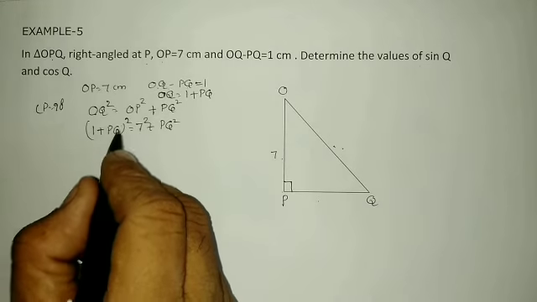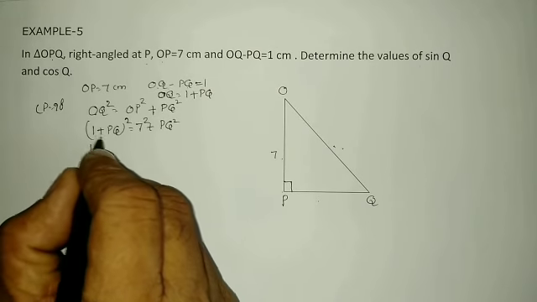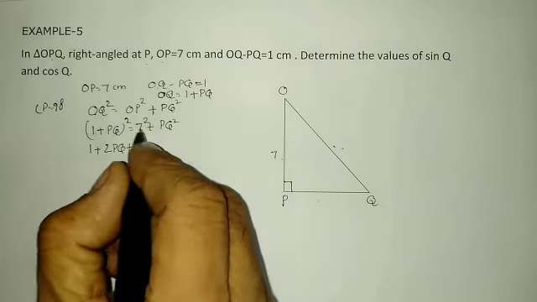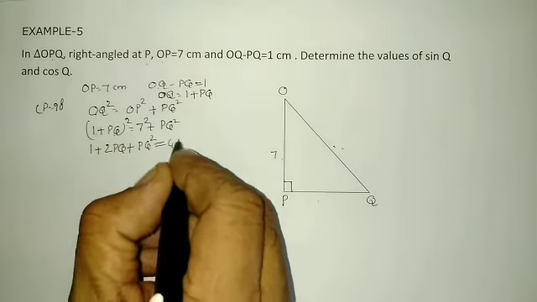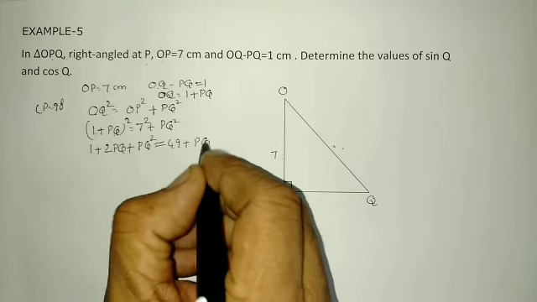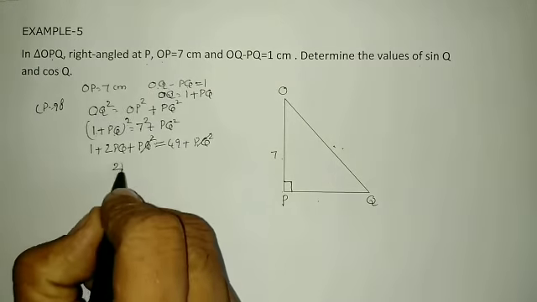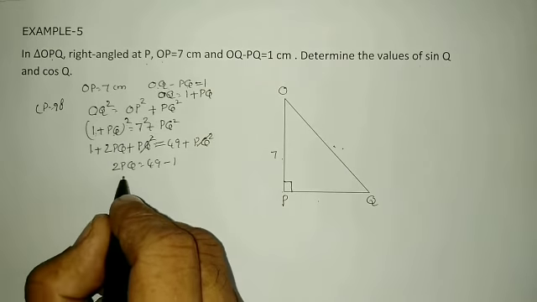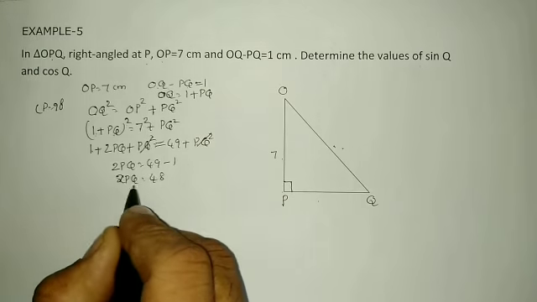Now 1 plus PQ whole square is in the form of A plus B whole square. A square 1 square 1, 2AB 2 into 1 into PQ 2PQ plus B square PQ square equal to 49 plus PQ square. PQ square gets cancelled. 2PQ equal to 49 minus 1, transposing this one. 2PQ equal to 48.